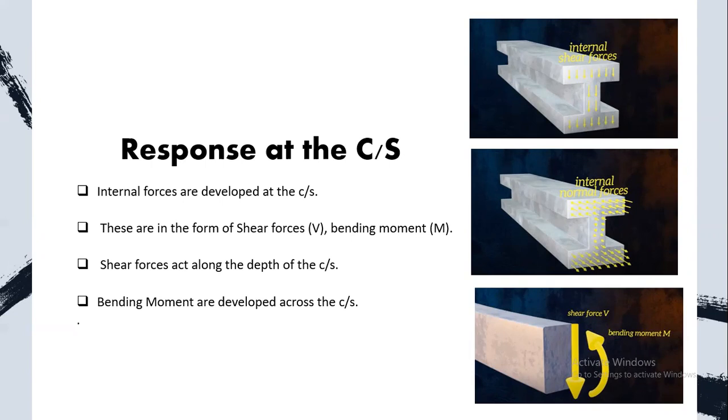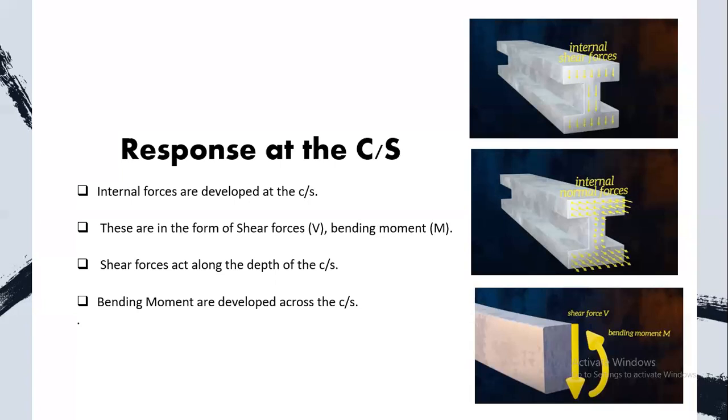Now, how is this bending moment developed? What happens at the cross section? A set of unlike forces are also acting across the cross section. That means some of the forces are acting towards the section while another set of forces are acting away from the cross section. This can be related to our concept of elongation and contraction as we described earlier.